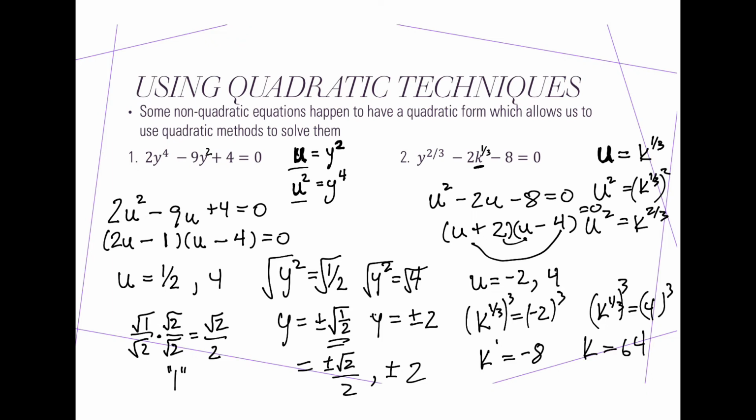Now, we always want to go back, whenever I've raised both sides of an equation to a power like this, because sometimes I will pick up extraneous solutions. And that's because we're changing the power. You'll notice that, like with quadratics, we tend to have 2 solutions, right? Because the highest power is 2.